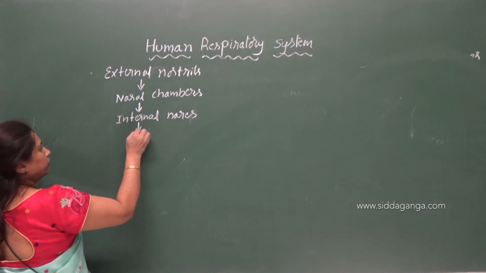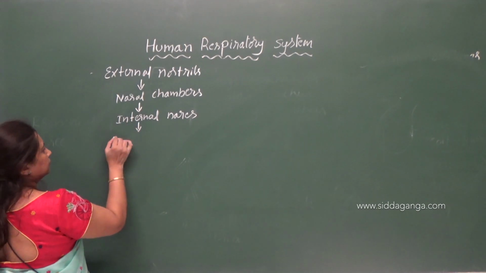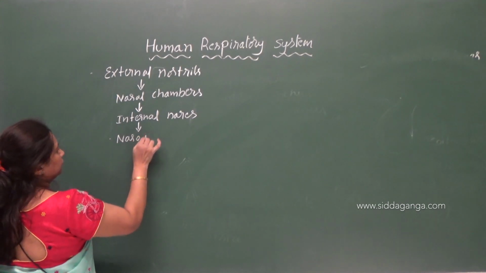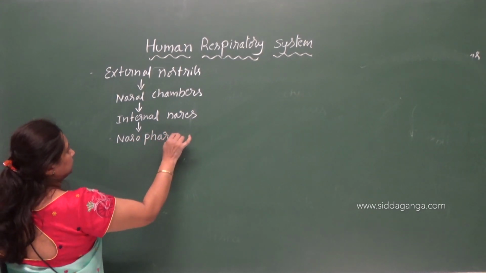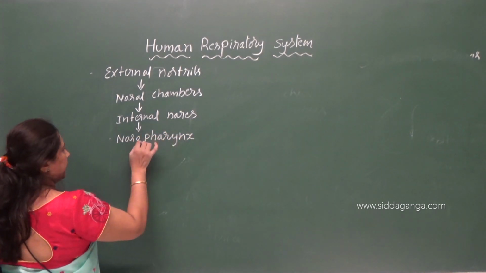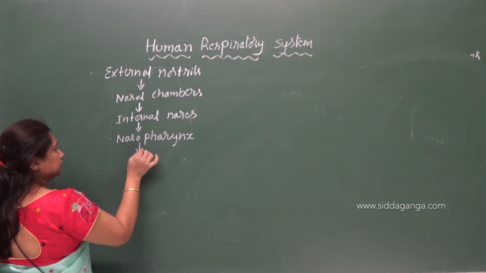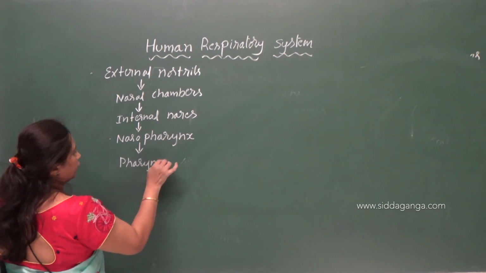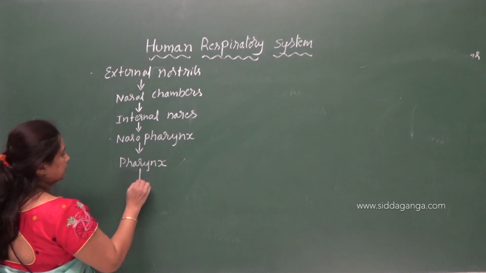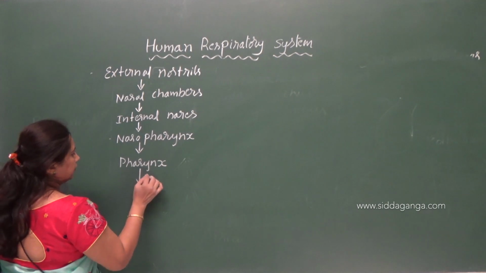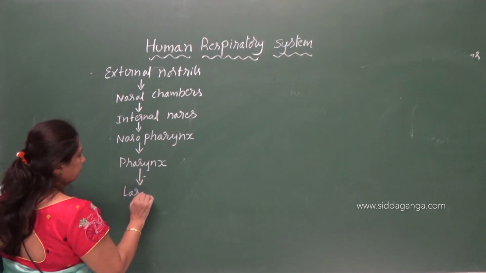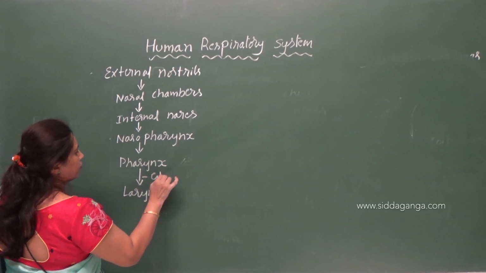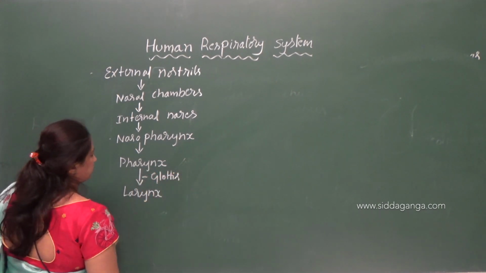So the internal nares opens into nasopharynx. Okay, the nasopharynx opens to pharynx, oropharynx, then laryngopharynx. Then it will open into larynx through an opening that is called as glottis.